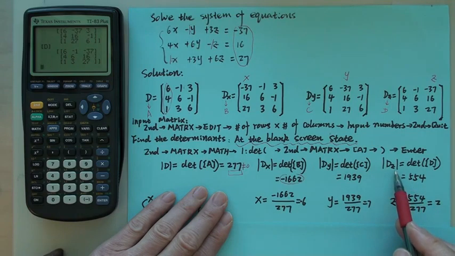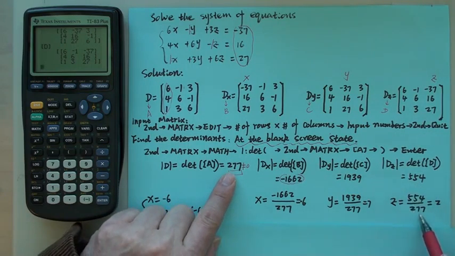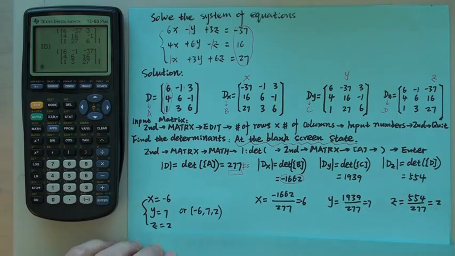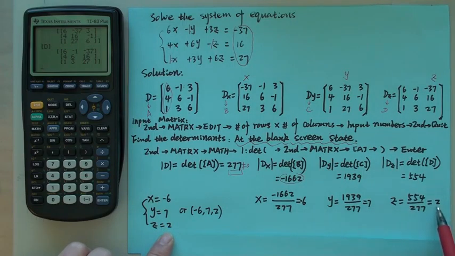And the determinant of D sub z is 554, divided by 277, which gives us 2. Then we have a solution, which is x equals negative 6, y equals 7, z equals 2. Or you may write negative 6, 7, 2.